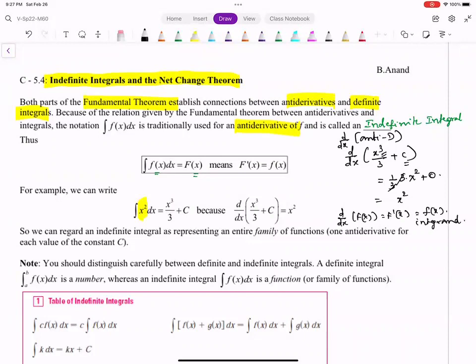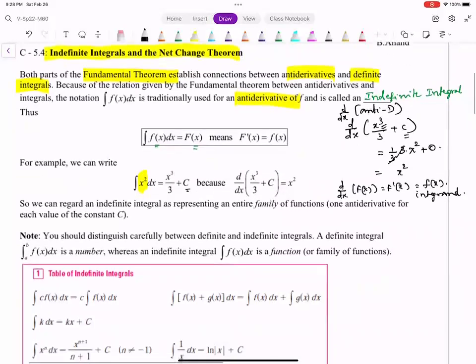So we can regard an indefinite integral as representing an entire family of functions, one antiderivative for each value of the constant c. As we vary c, we get the same family of functions. They are all shifted up or down. If c is positive, it is shifted upward vertically. If c is negative, it is shifted downward.